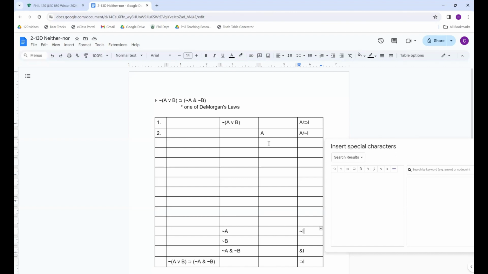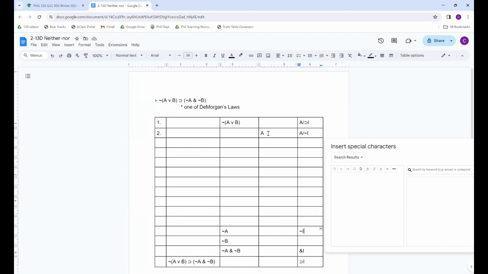This is almost always the most efficient way to do it. So earlier in the derivation, what we have is not A and not A or B. So we would want to find the opposite of one of these two lines. Finding the opposite of that is what we introduced this assumption to do, so that's probably not going to be a great strategy. But for this, the opposite would be A or B, and that we can actually get.